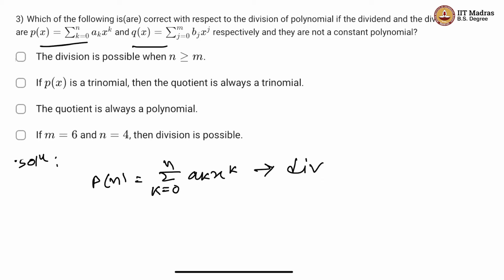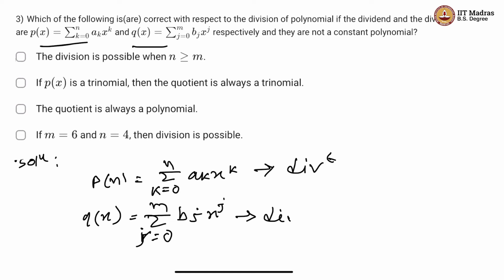This is the dividend, and summation j equals 0 to m of b_j x^j is the divisor. Okay, so this is the dividend and this is the divisor.